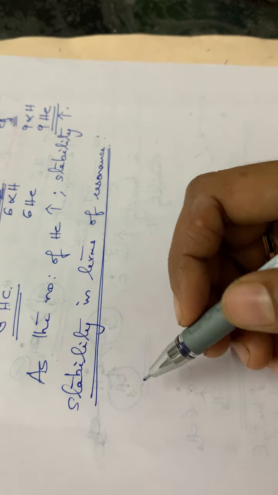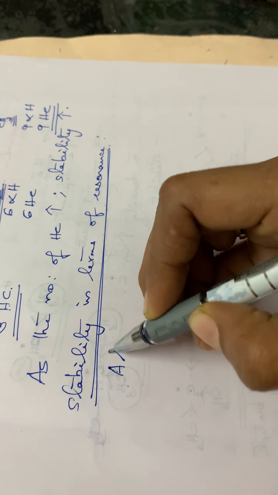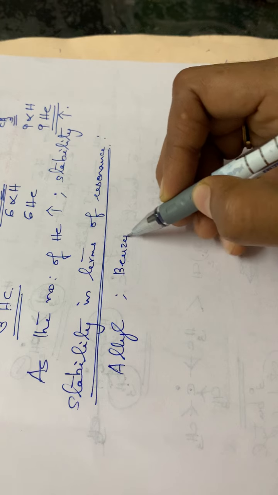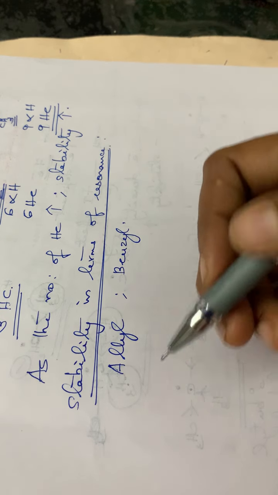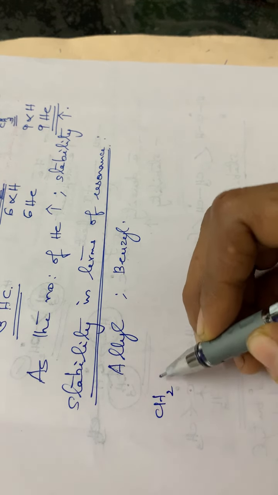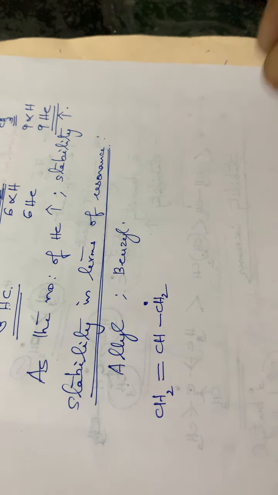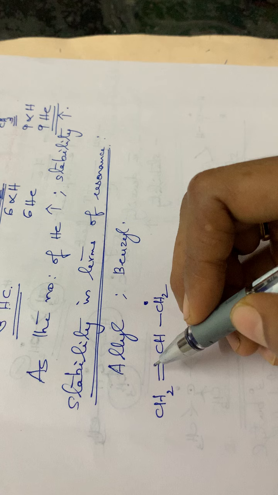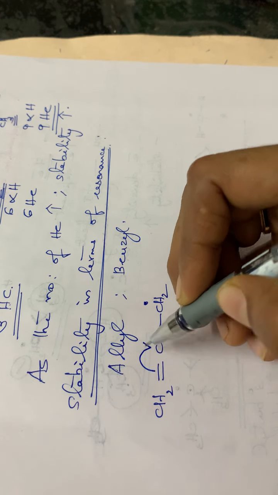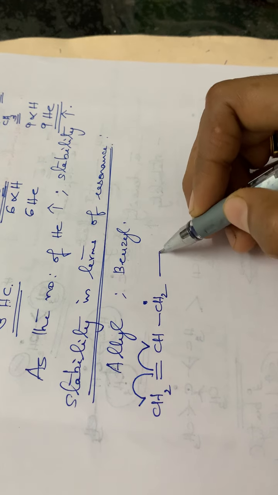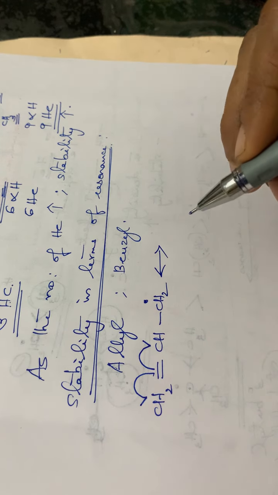So first one, we have to compare, in terms of resonance, allyl as well as benzyl free radicals. Okay, allyl free radical, the formula is CH2 double bond CH single bond CH2 dot. This is allyl free radical. So again you have to write the distribution of electrons. So what about the resonating structure of this allyl free radical?